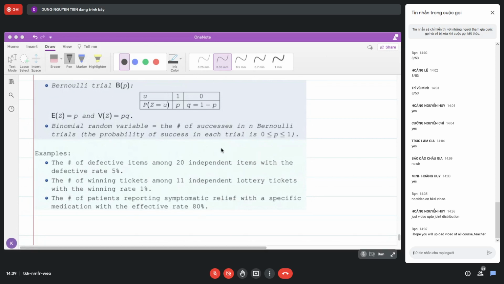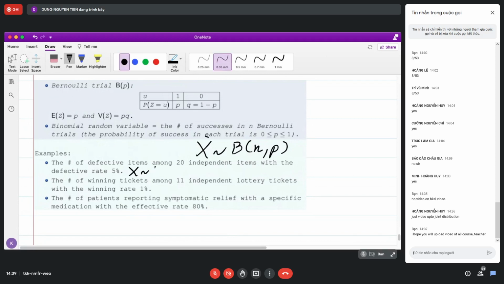And we use the notation x follows a binomial distribution B(n, p). Like in the first example, x is the number of defective items among 20 items. Then you will say that x follows the binomial distribution. When I use the notation tilde, I want to say that x follows a distribution.